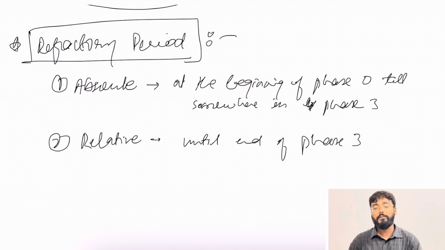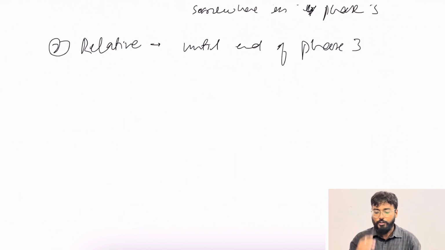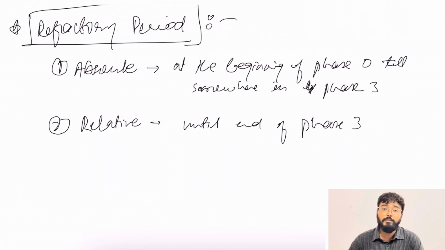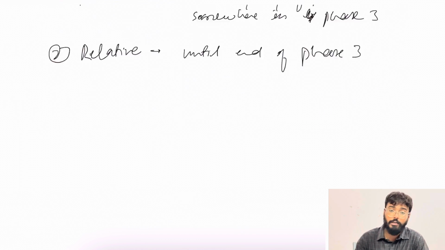So in relative refractory period, if a stimulus given is strong enough, it can stimulate the cardiomyocyte. So what is the significance, and what is the mechanism why any stimulus given in absolute refractory period cannot stimulate the cardiomyocyte, and why if a strong enough stimulus is given in relative refractory period, it can actually stimulate your cardiomyocyte?